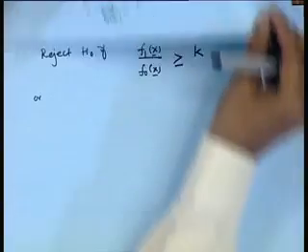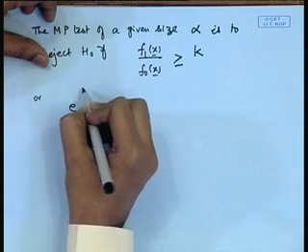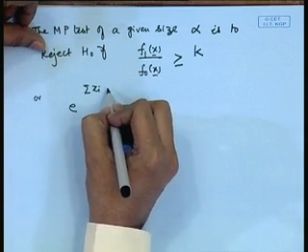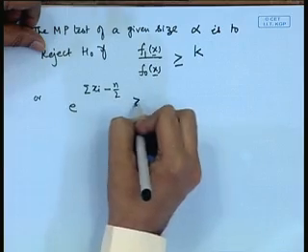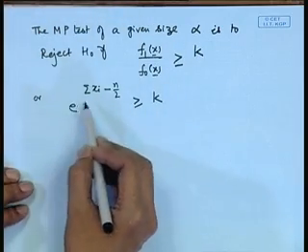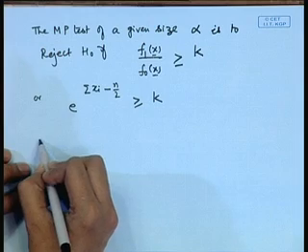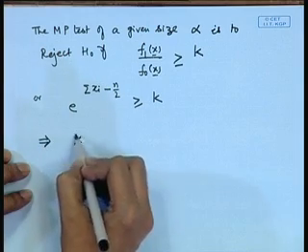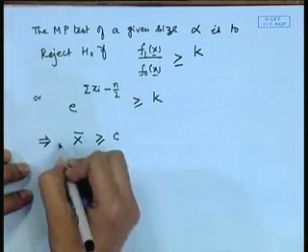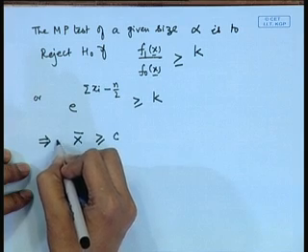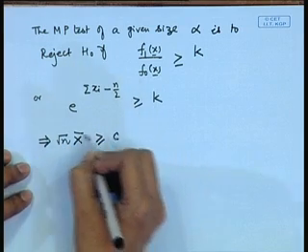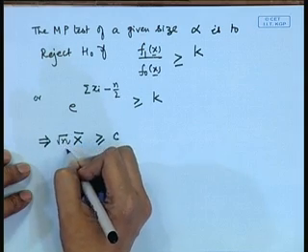So, we will be left with e to the power sigma xi, and then there will be a constant term minus n by 2, greater than or equal to k. If we take the logarithm, then this is reducing to x bar greater than or equal to, say, c, and we may multiply by root n here to get a proper form of the distribution.